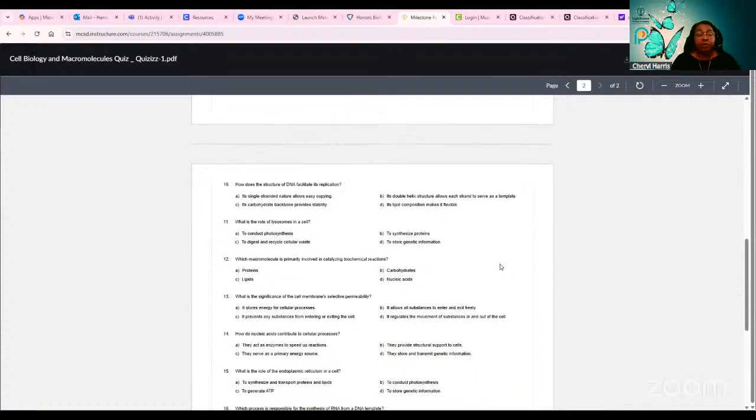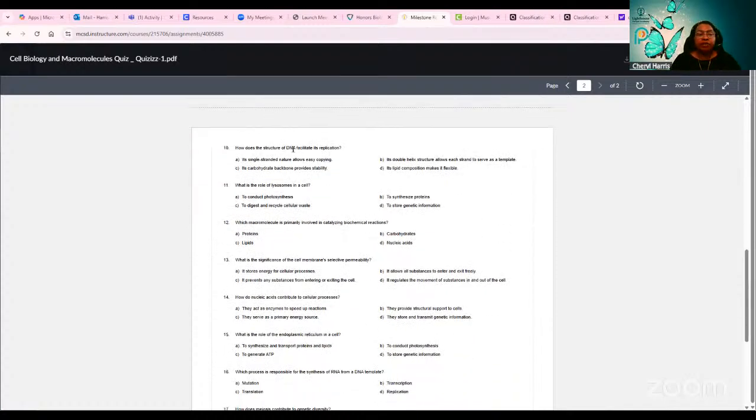All right, number 10. How does the structure of DNA facilitate replication? See if you can tell me that one. What makes DNA's structure good for replication?